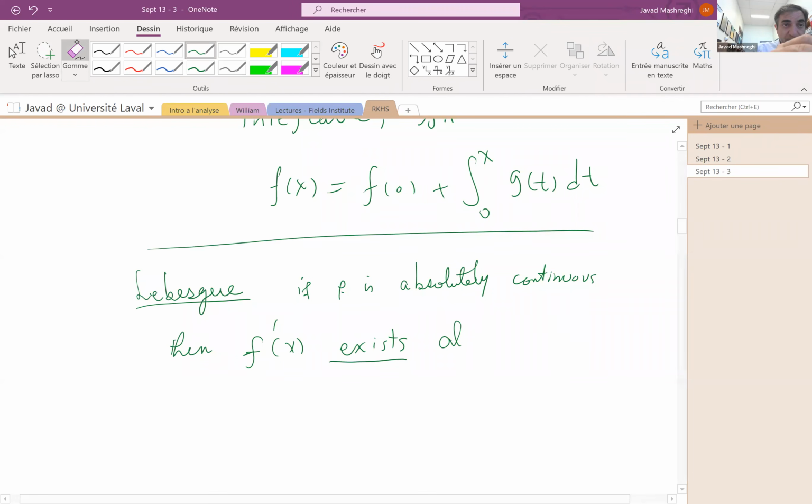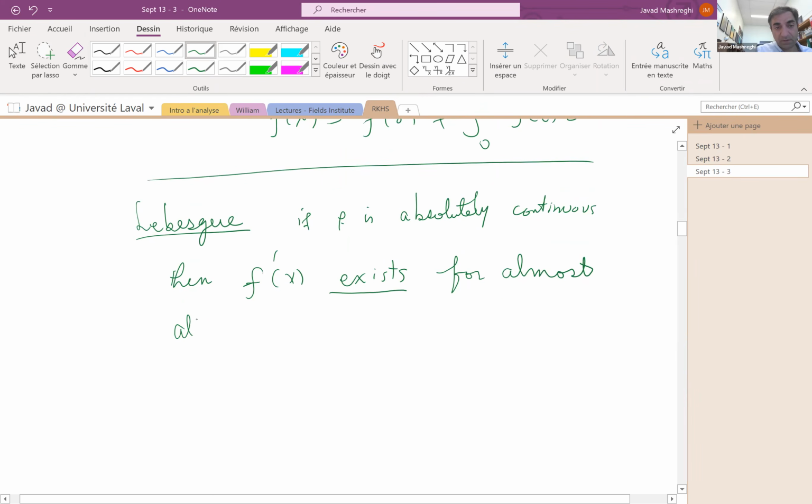Or instead of almost everywhere, I say for almost all x in [0, 1], f prime of x equals g of x. Again, almost everywhere.